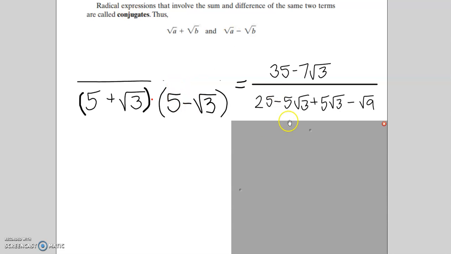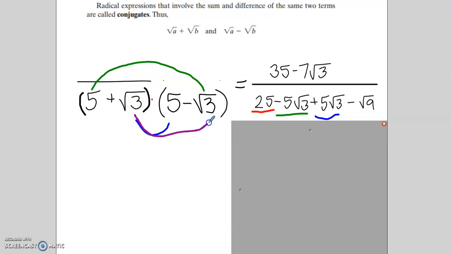I will underline. Then we need to do outer. 5 times negative square root 3, minus 5 square root 3. Then we need to do inner, positive square root 3 times 5, plus 5 square root 3. We just write the whole number in the front.